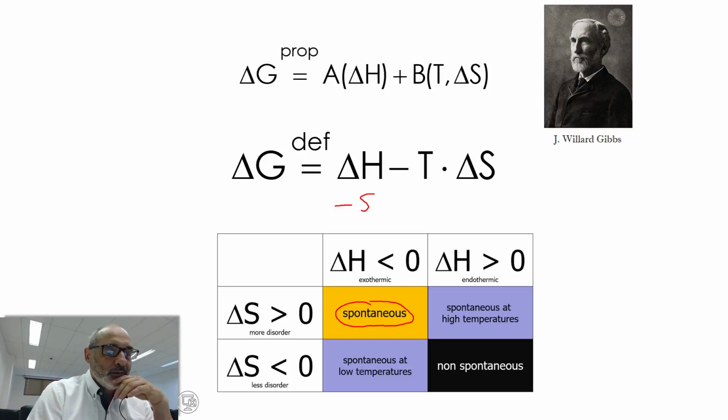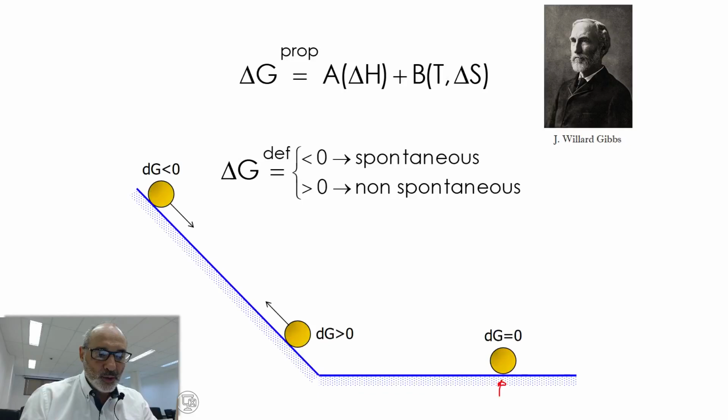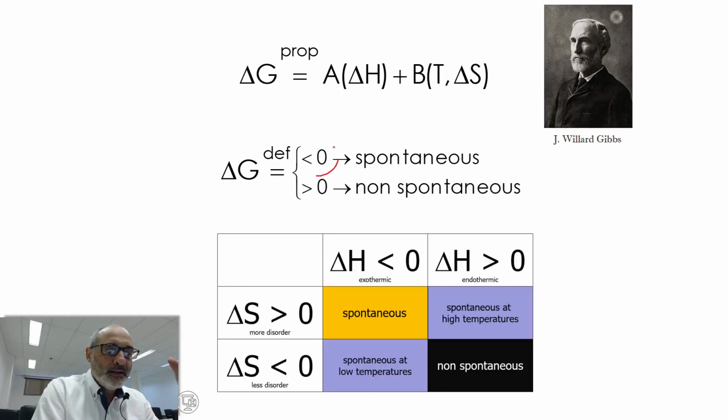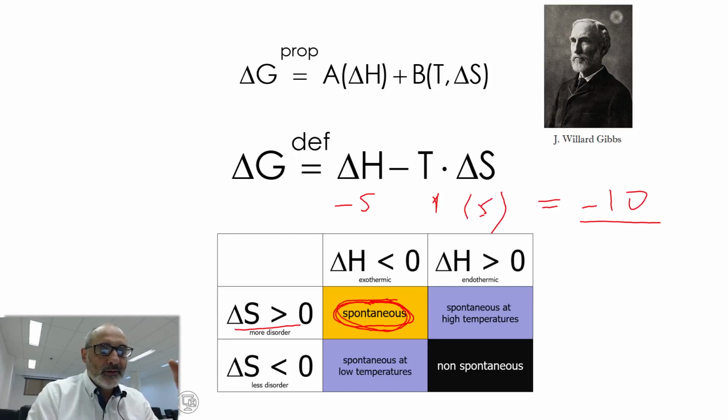Delta S is positive, and multiplied by the temperature. Let's say I have 5 as delta S, and the temperature is 1, and I have the minus sign here. So this is equal to minus 10. These numbers are okay in this situation, and we have minus 10. It's negative, so the process is spontaneous. So we already satisfied this situation.